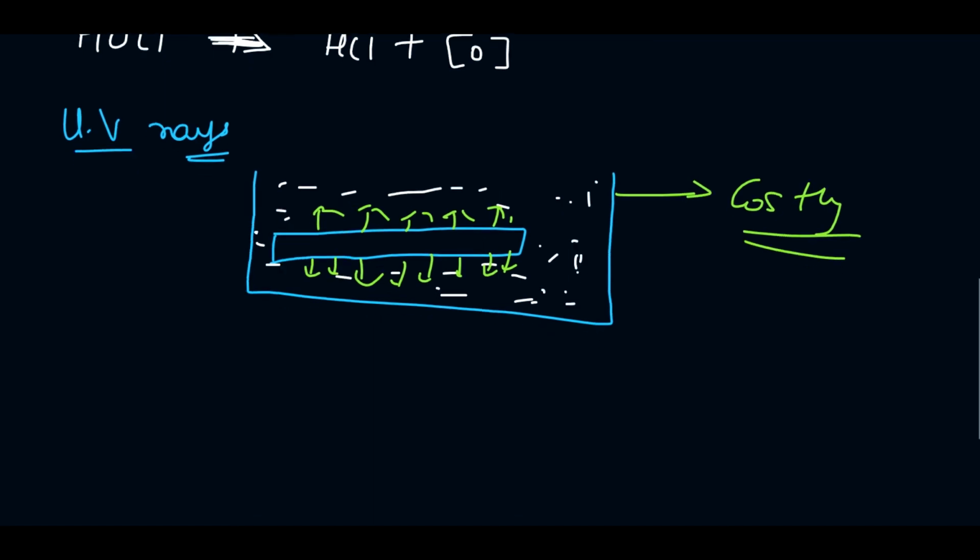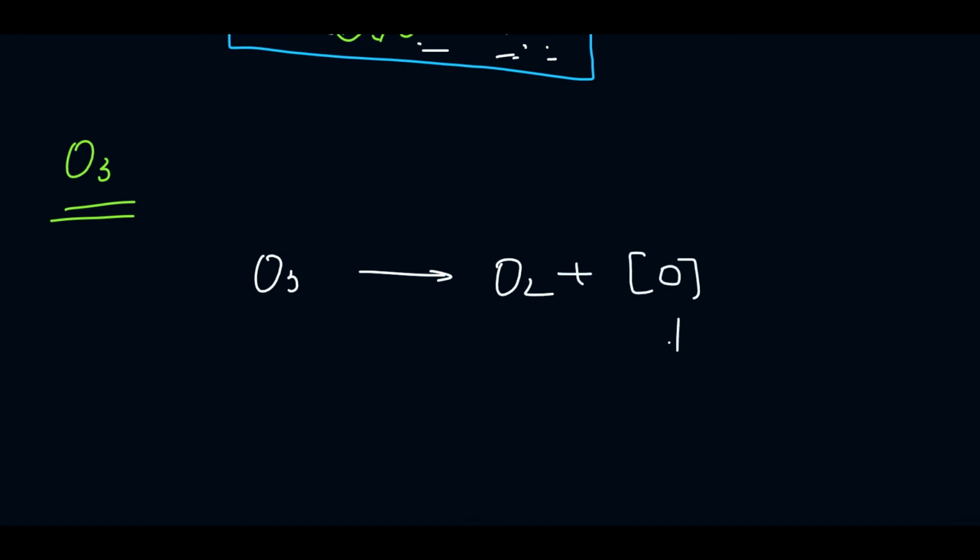The next technique is ozonization, that is using O3. This O3 is very unstable and breaks into O2 and O. This O is nascent oxygen, which is very useful to kill the bacteria in the water, and this process removes the color and the odor from the water and improves the taste of the water.